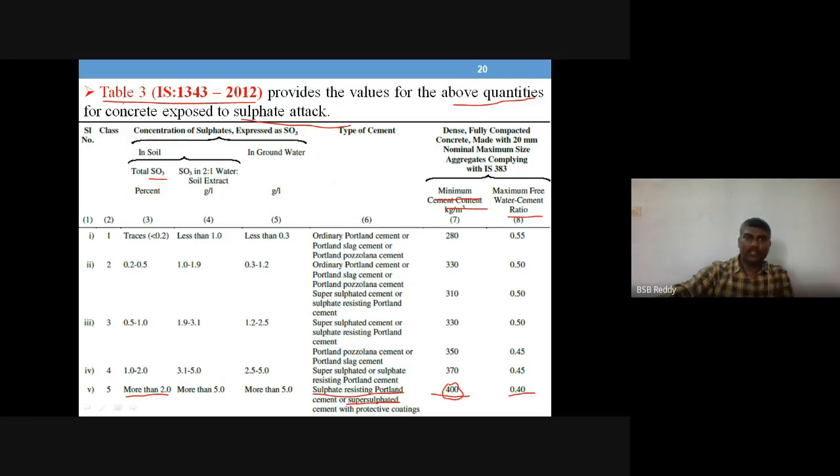Table 3 of the IS code gives you the minimum cement content, maximum water cement ratio, and type of cement to be used for the case of sulfate attack.